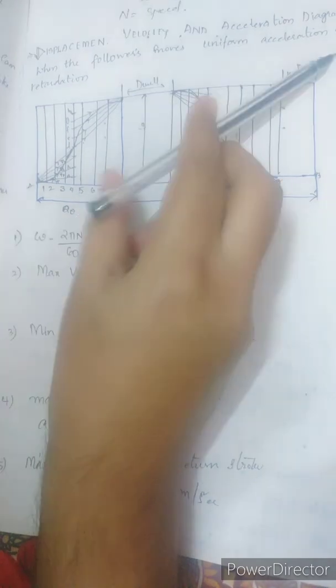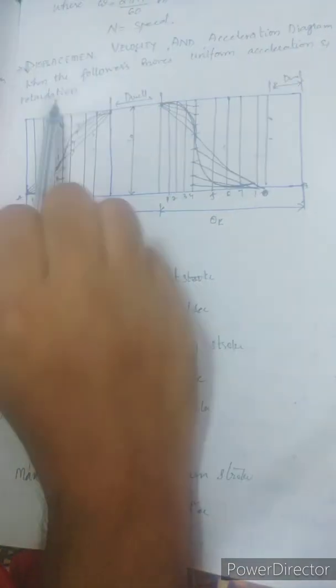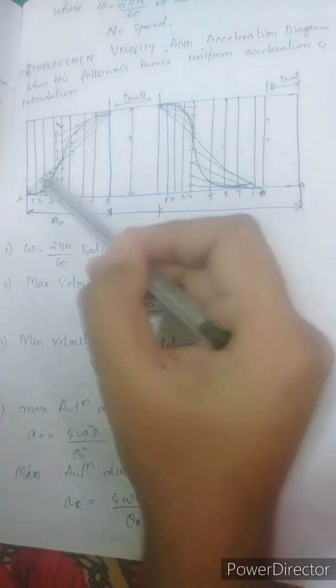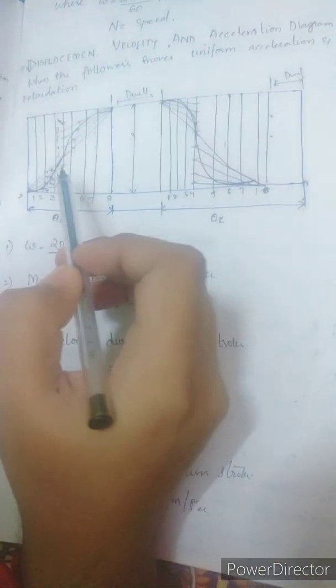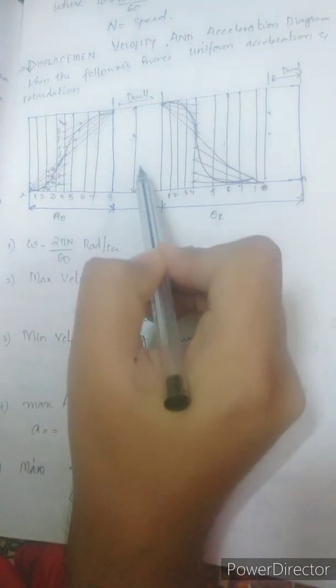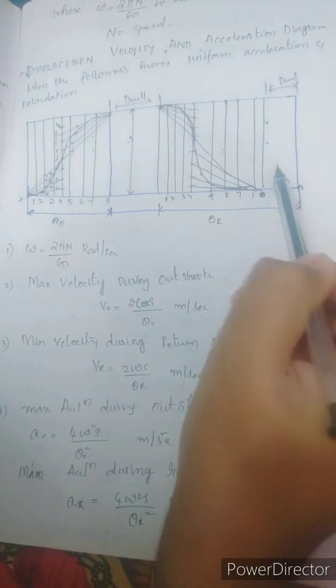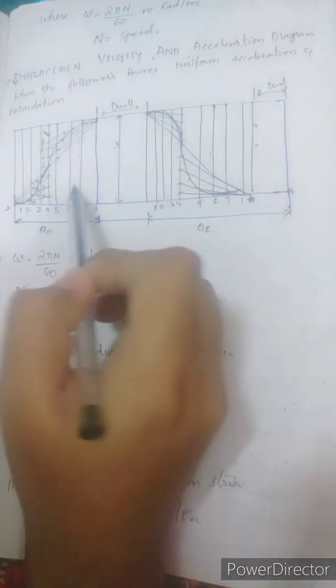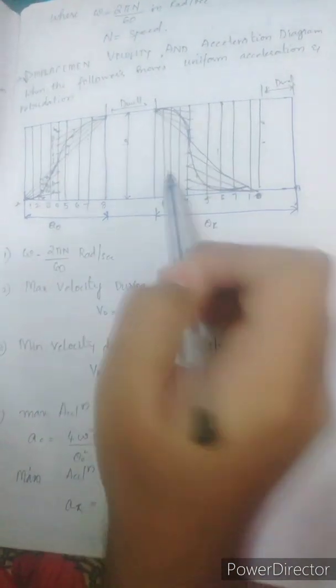Now we are going to see the displacement, velocity and acceleration diagram when the follower moves with uniform acceleration and retardation. As you can see, the diagram is quite different. You will have the outstroke, dwell 1 and instroke, dwell 2. The same thing you have to do, divide it into equal parts, here also in equal parts.